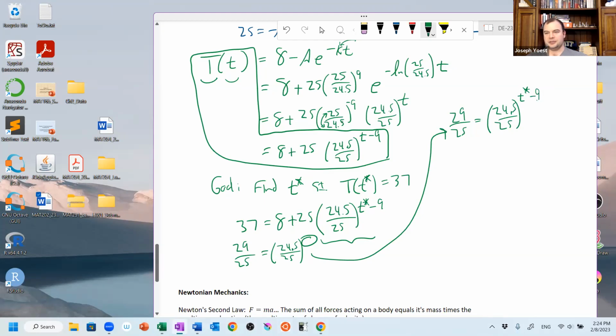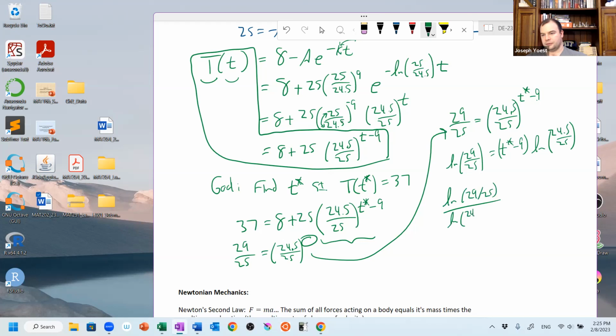I can log both sides, bring the power down, divide by the log, add 9. And that should be T star. If I didn't make any arithmetic errors, that's what we should get.